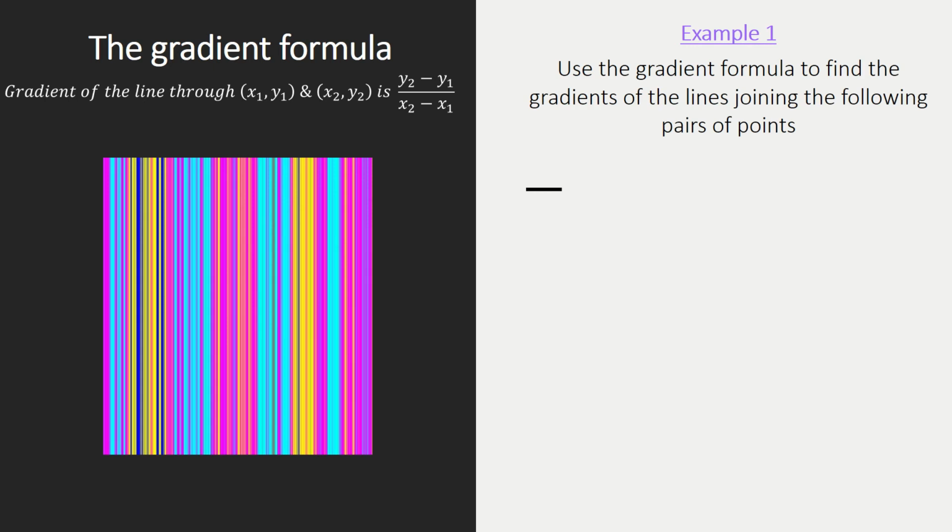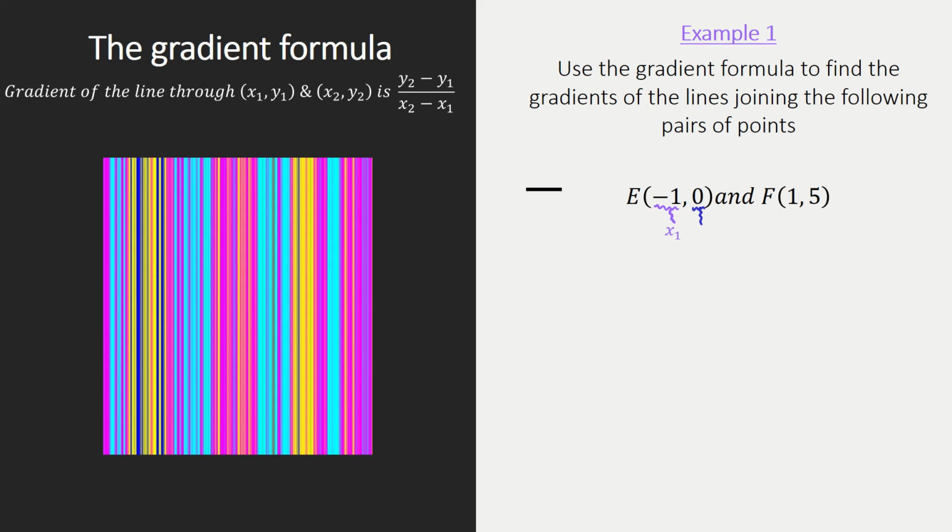The first example: use the gradient formula to find the gradients of the lines joining the following pair of points. The two points are E(-1, 0) and F(1, 5). Please remember, we just pick one of the points. I chose the first one, point E, (-1, 0). The first coordinate is always the x coordinate, so I call this x1.